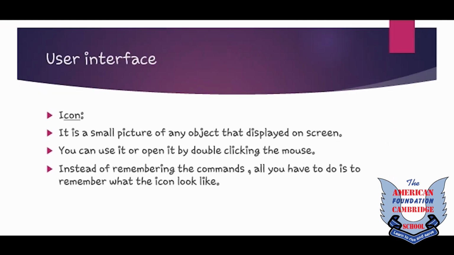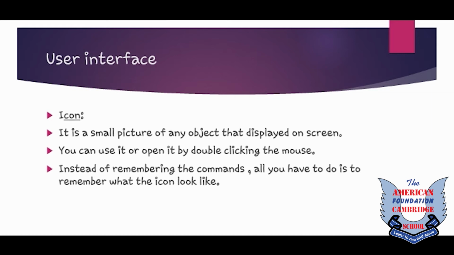The next term is icons. Icons basically are small or tiny pictures of any object displayed on a screen. You can use it or open it by double clicking the mouse. Instead of remembering the command, all you have to do is remember what the icon looks like.